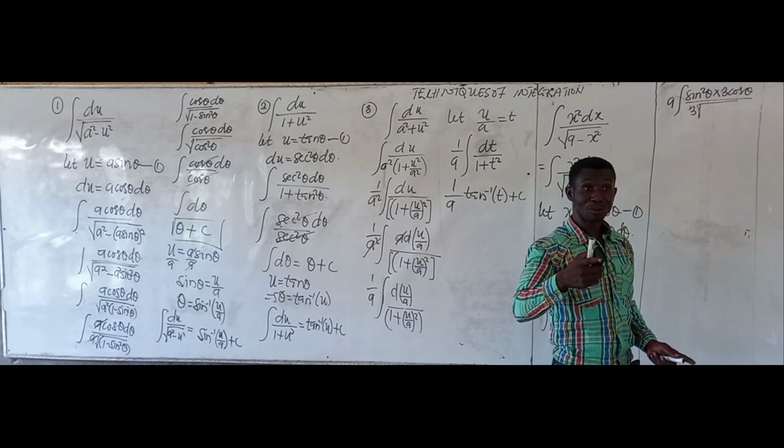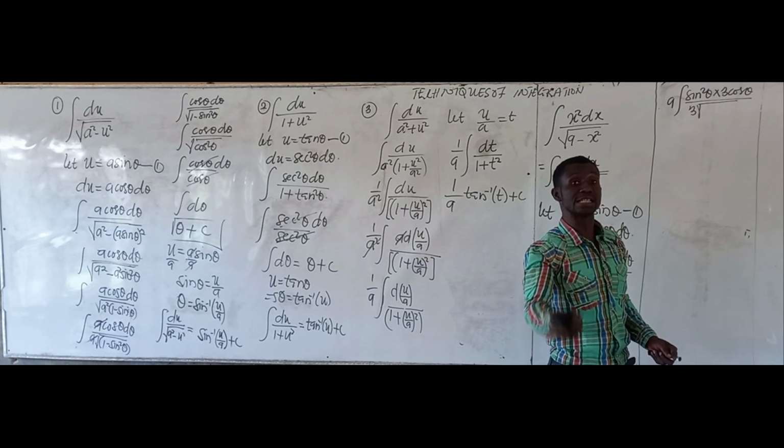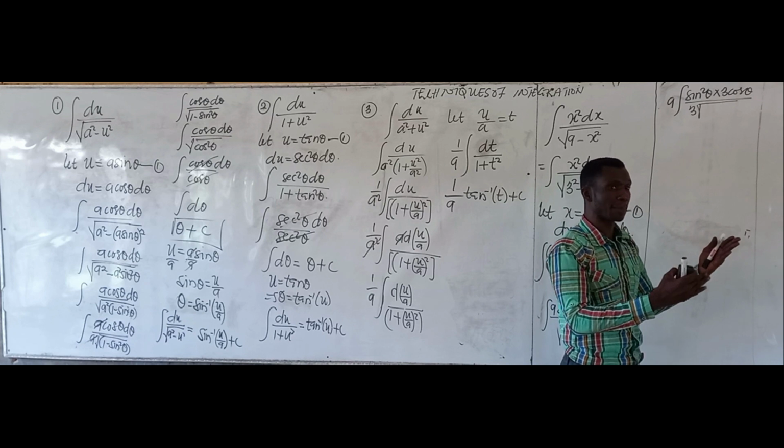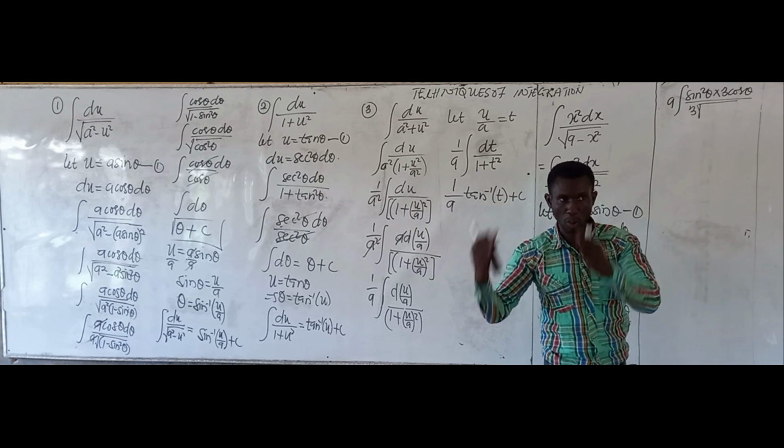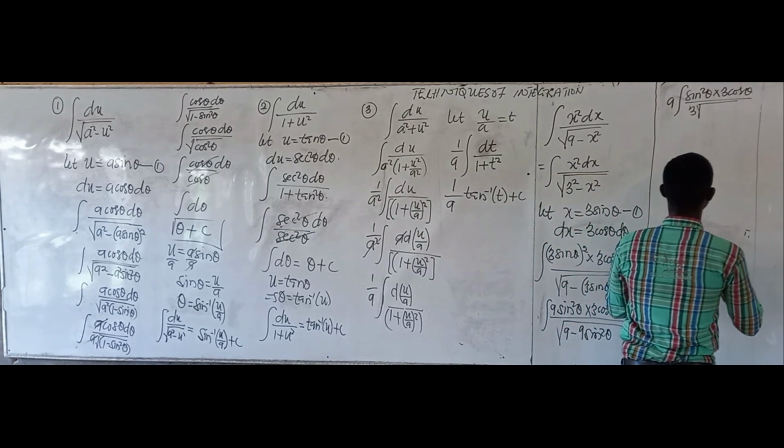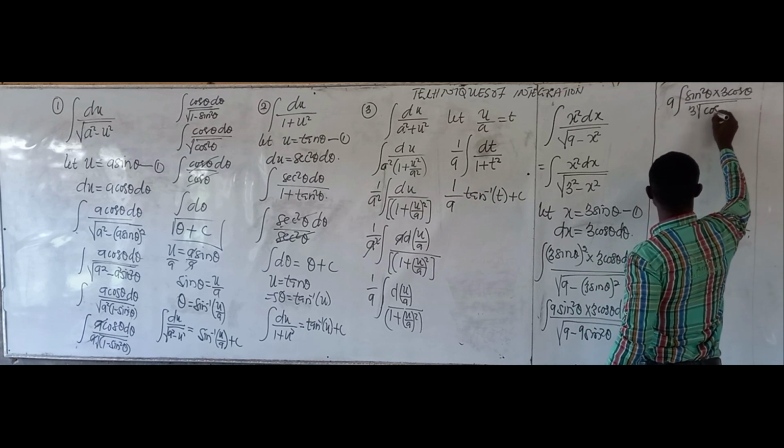In trigonometry, 1 minus sine squared theta is the same as cos squared theta, because sine squared theta plus cos squared theta equals 1. So you get cos squared theta.